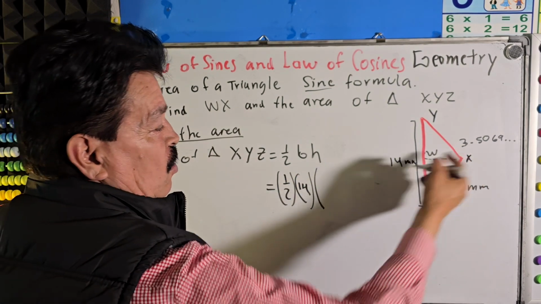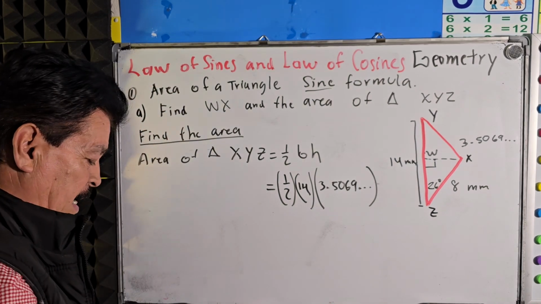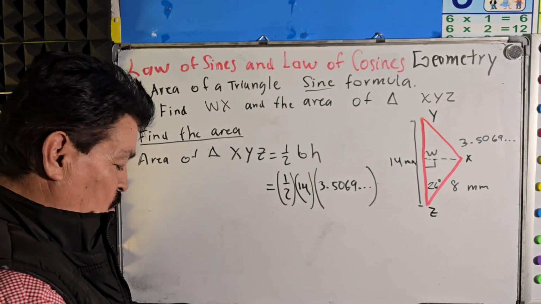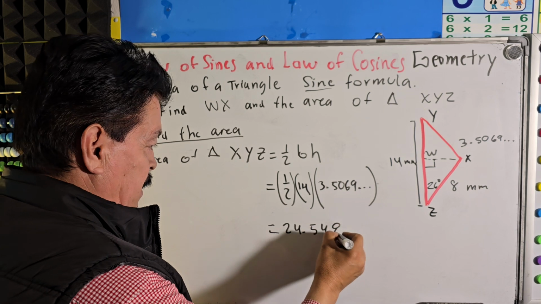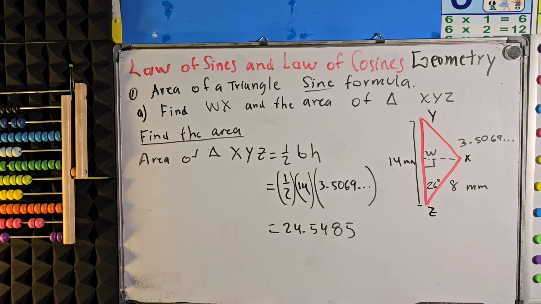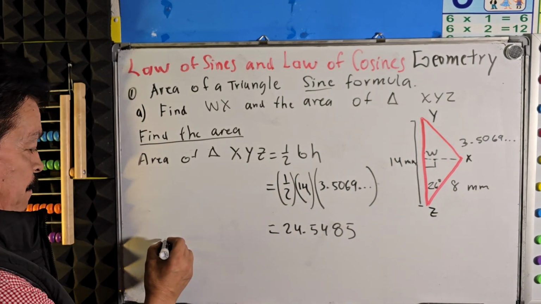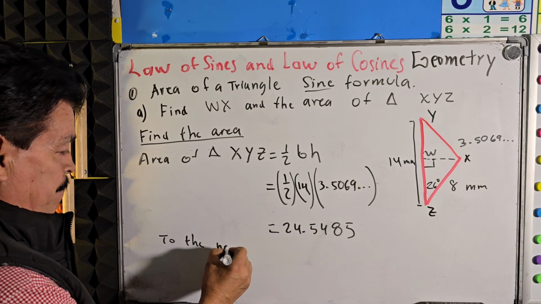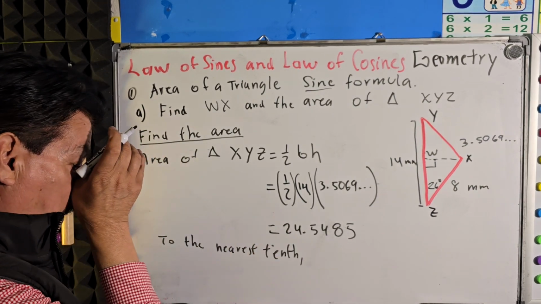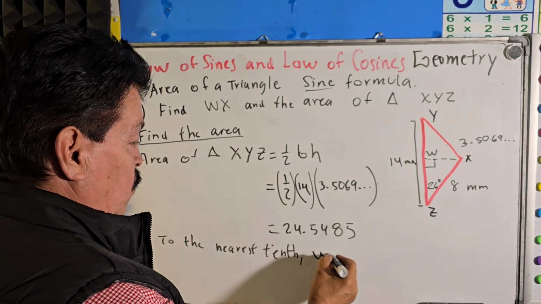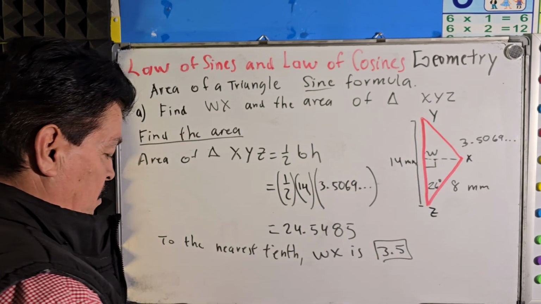Times, how much is the height? This number, 3.5069. It's not exactly the point, so just multiply all these three numbers. Let's do it. 24.5, 87. See? That's it. So to the nearest tenth, WX is 3.5.